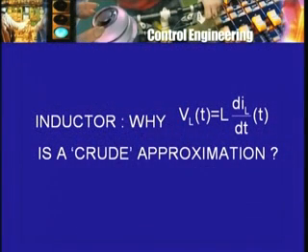Now I said that the approximation for an inductor, or the model for an inductor, VL equal to L diL/dt, is a crude approximation, or I used the word strong, and then I said that maybe one should say weak, because in many cases it's not really a very good approximation. Why?